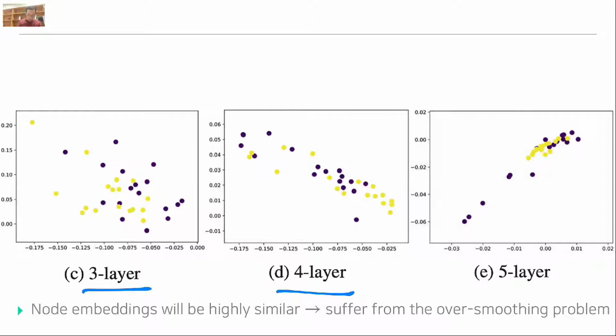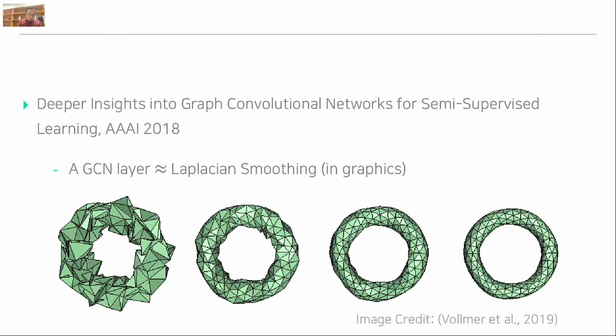It's difficult to decide the decision boundary, right? 5, also difficult, and they are becoming very similar. So node embeddings will be highly similar, and it is likely to suffer from the over-smoothing problem. It smooths too much, and it got really similar.